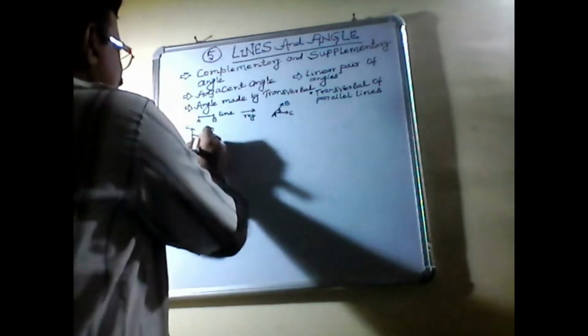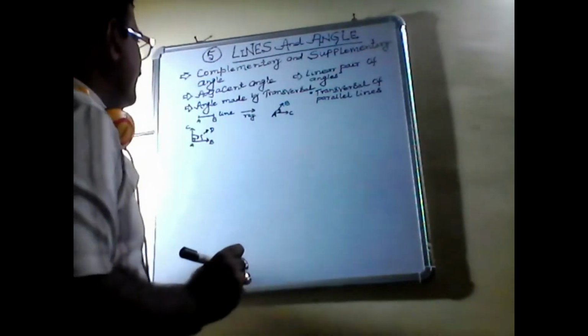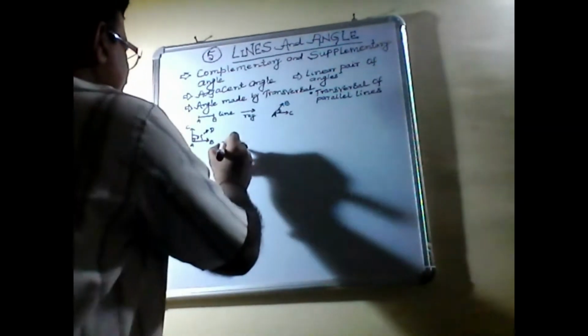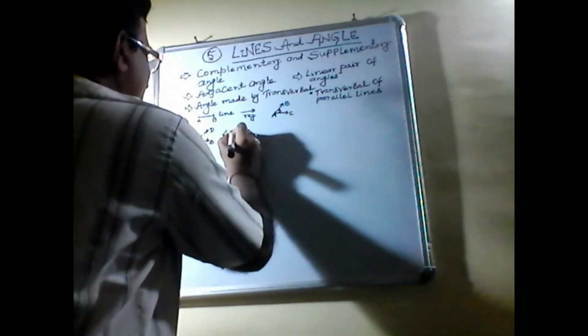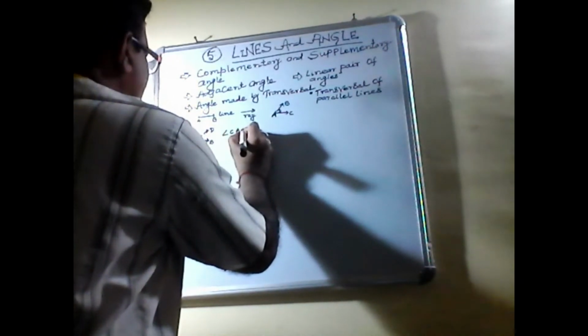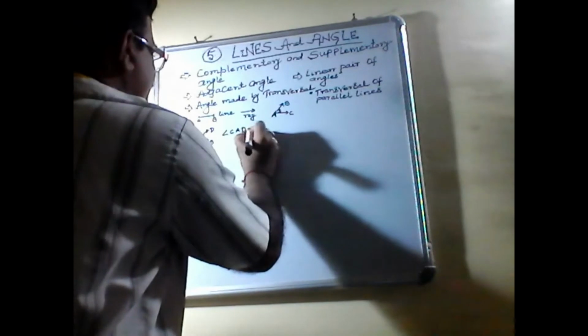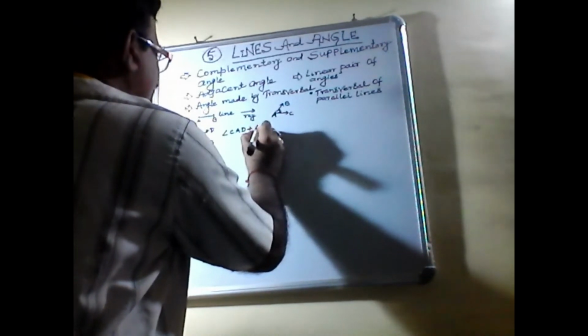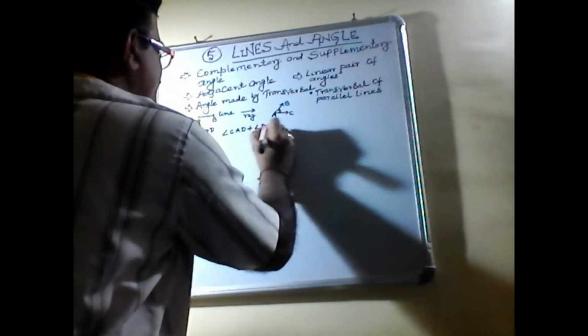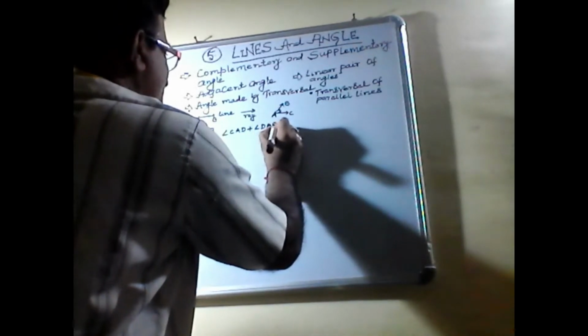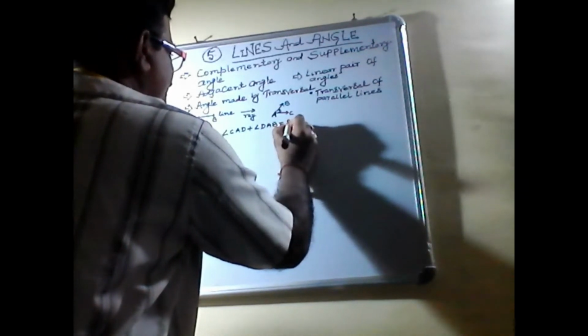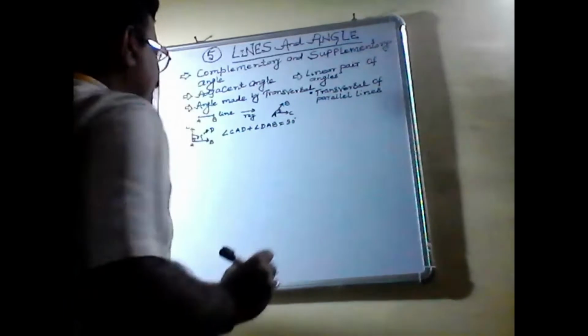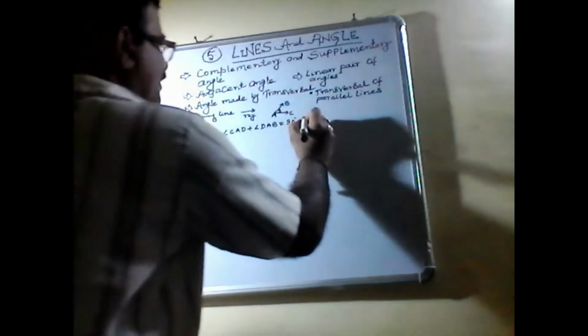If the sum of the two angles, angle CAD plus angle DAB, is 90 degrees, such angles are called complementary angles.